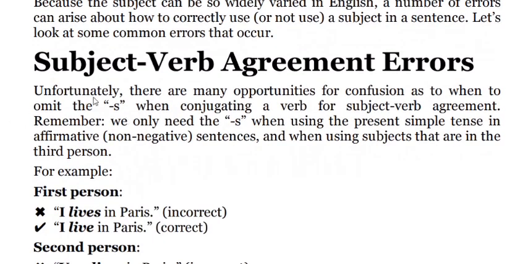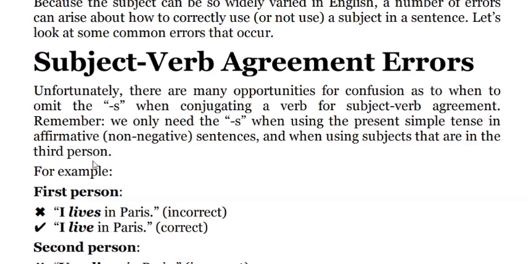Unfortunately, there are many opportunities for confusion as to when to omit the S when conjugating a verb for subject-verb agreement. Remember, we only need the S when using the present simple tense in affirmative, non-negative sentences, and when we are using subjects that are in the third person.